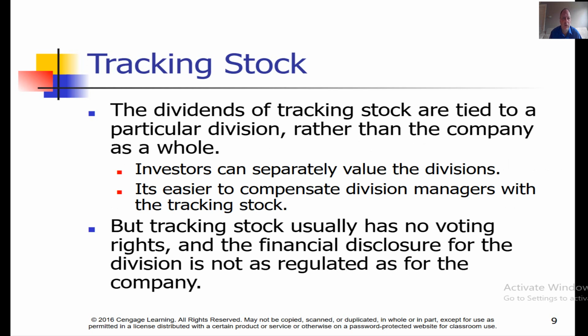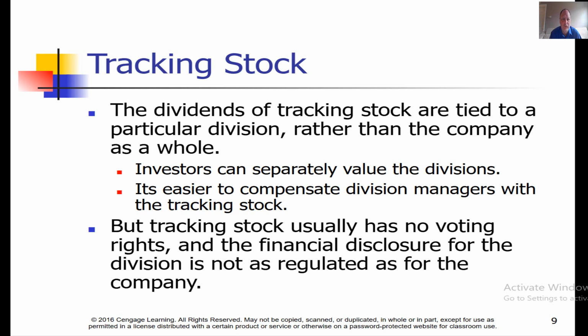Not all stock controls a company. There can be things like a tracking stock, where the dividends of tracking stock are tied to a particular division rather than the company as a whole. Investors can then separately value the divisions, and it's easier to compensate division managers with tracking stock. This could particularly be useful in very large conglomerate companies.